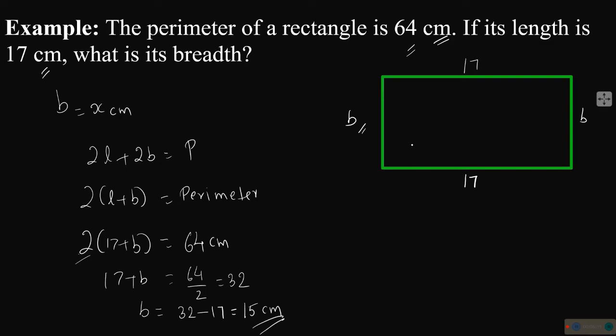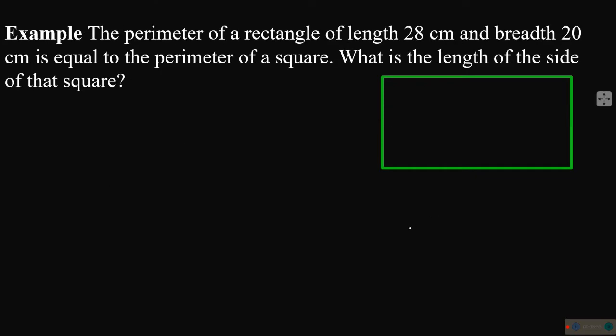This is the answer. 15 centimeter here, 15 centimeter this side, 30, and the other one is 34, total 64. Understood? So we simply calculated this, even done in last year.